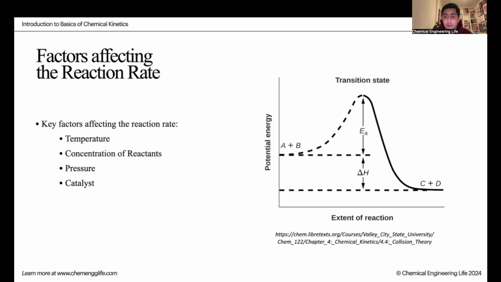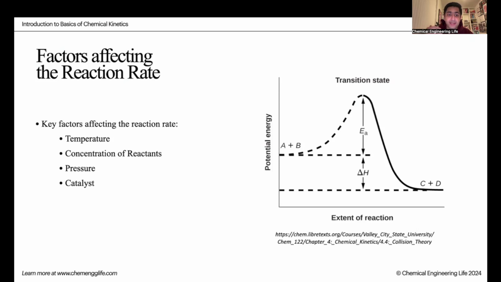The very first factor that comes to mind is temperature, because the true definition of temperature is actually the measure of kinetic energy of the system. So that means that if I increase the temperature of the gas or of any other reactants, the particles now have a much higher kinetic energy compared to a lower temperature.